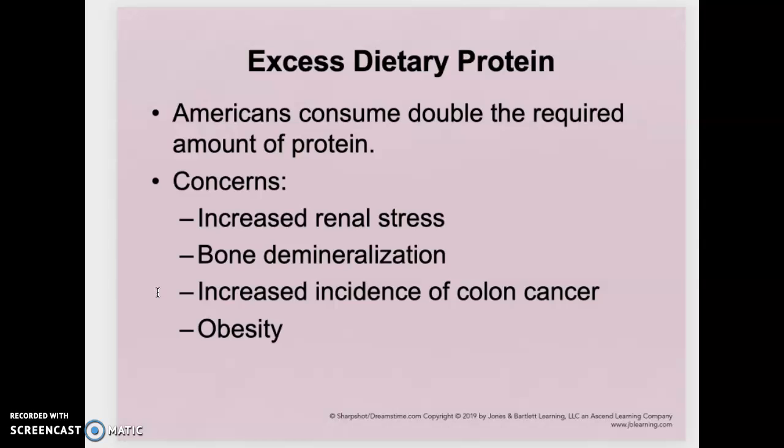If we're consuming a high protein diet from a lot of animal sources of protein, that's going to be a lot different and could increase the risk of colon cancer. Also, we have to think of our processed meats and how they affect our cancer rates as well. That would go in with obesity too.